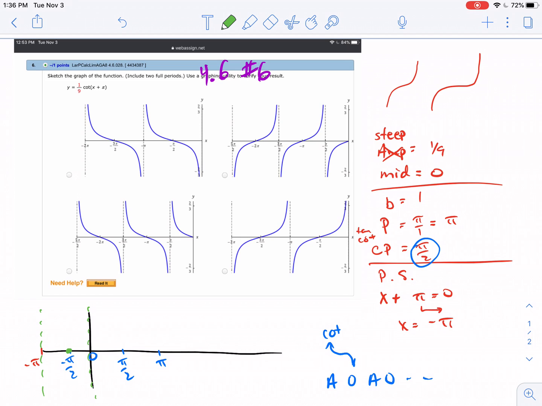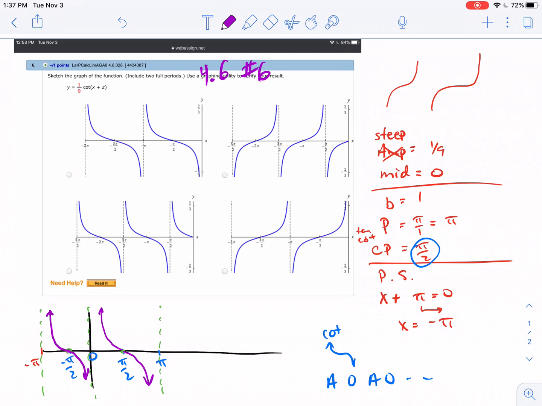Then the next one is an asymptote. Then the next one is a 0. Then the next one is an asymptote. And we can go there now and go up to the left, down to the right, in between those critical values. So something like that.